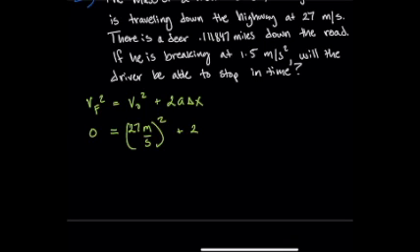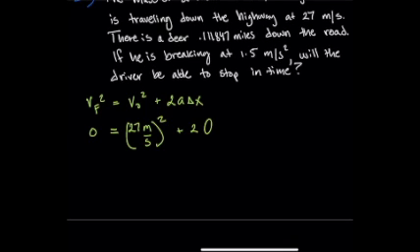But while it may be tempting to substitute 1.5 for a, you have to realize that acceleration is a vector. So it has both a magnitude and a direction that you need to specify. And since it's braking, our direction is going to be negative. So you actually need to write negative 1.5 meters per second squared.